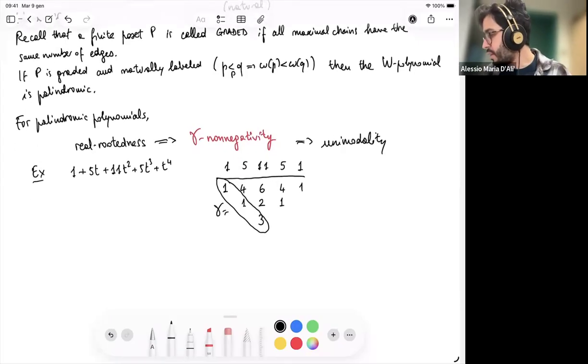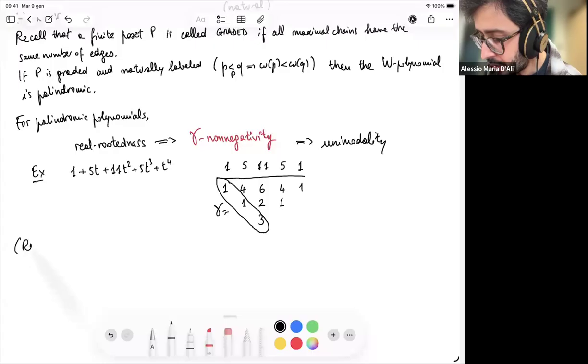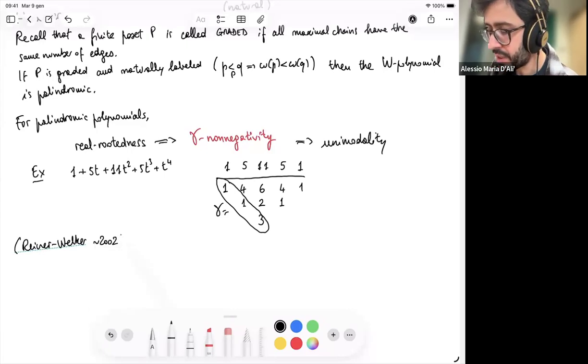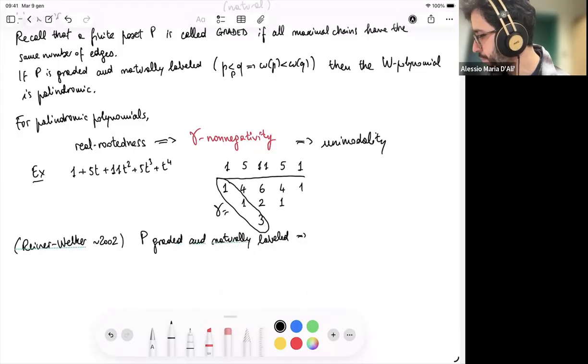So why do we care? Well, for these graded posets, it was proved by Reiner and Welker, even though it was published in 2005, the archive version is from 2002, that if P is graded and naturally labeled, then the omega polynomial is unimodal.